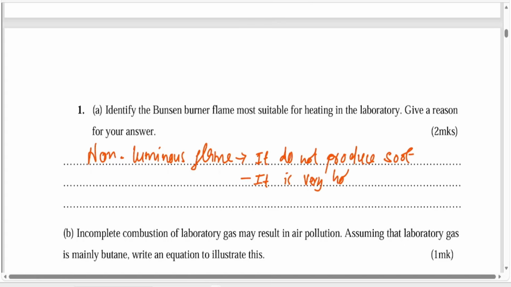It is very hot. You can say, or we can say it is the hottest. 1 mark for stating the flame and another mark for giving the reason.